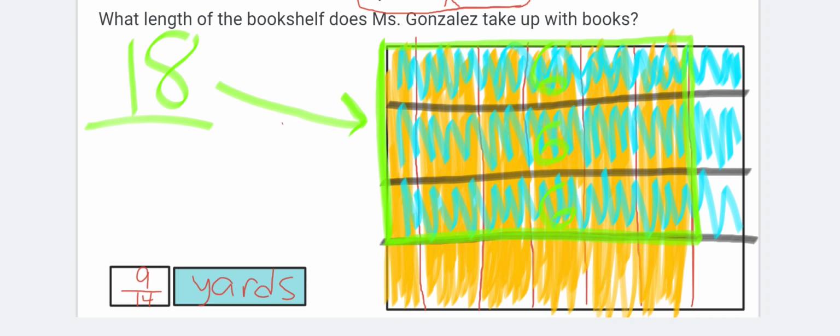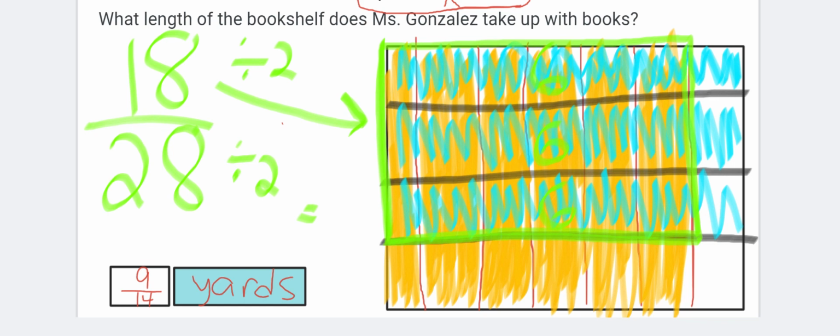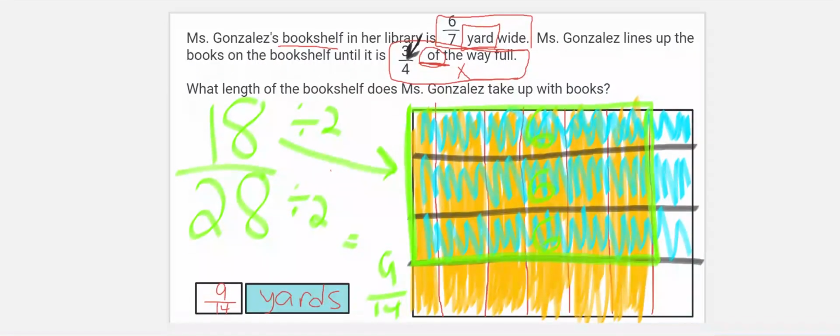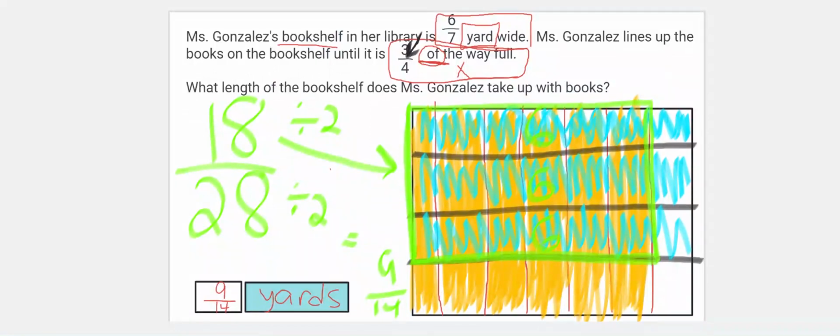And when I look all together, 1, 2, 3, 4, 5, 6, 7, 7, 14, 21, 28. I got the same answer. And if I divide the top and the bottom by 2, and I simplify it, just like I did before, I know 18 divided by 2 is 9, and 28 divided by 2 is 14. I would get the same answer whether I multiplied across or if I drew a model. I hope this helps.